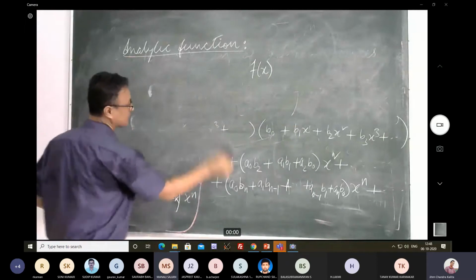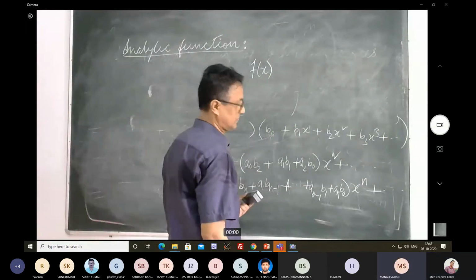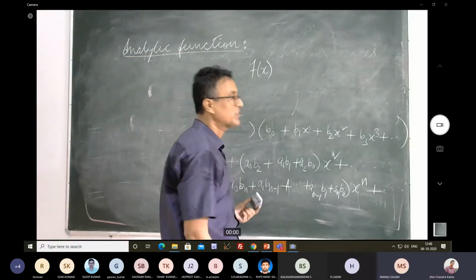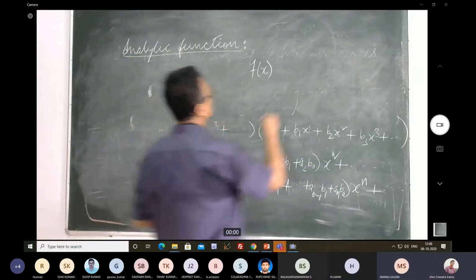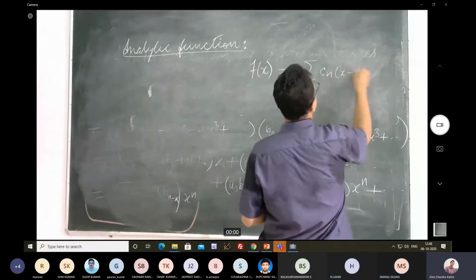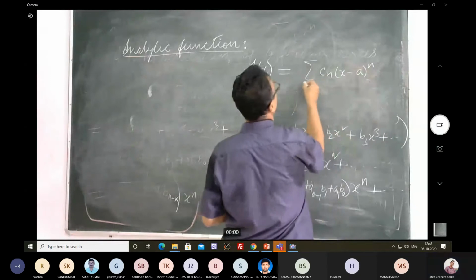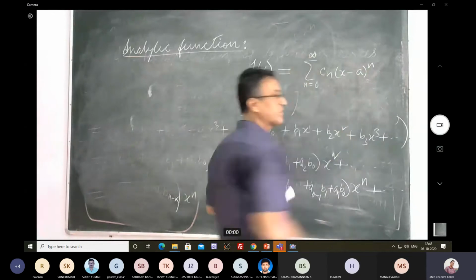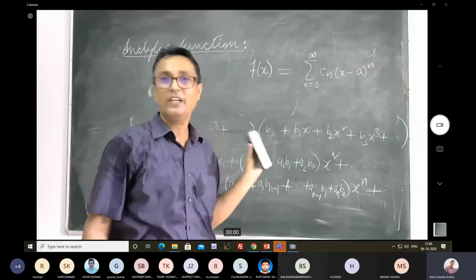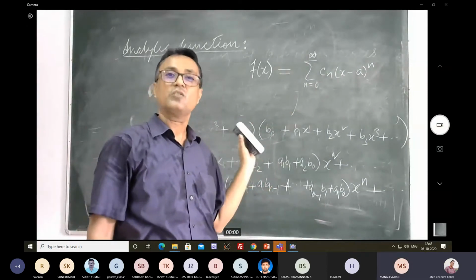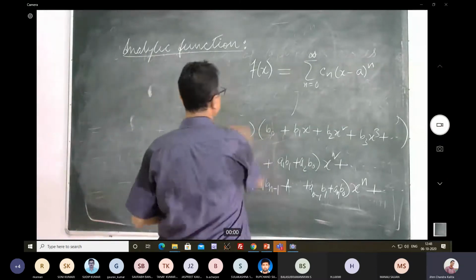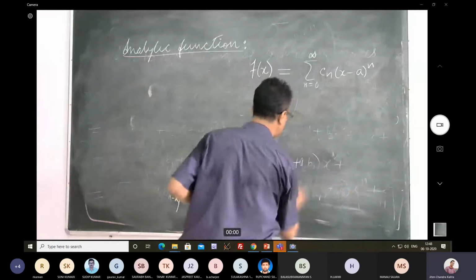It is said to be analytic at a point a if it has a power series representation around a. Basically it can be expressed as the sum of c_n (x minus a)^n, n equal to 0 to infinity, a convergent power series. Okay, fine. So this is about analytic function.